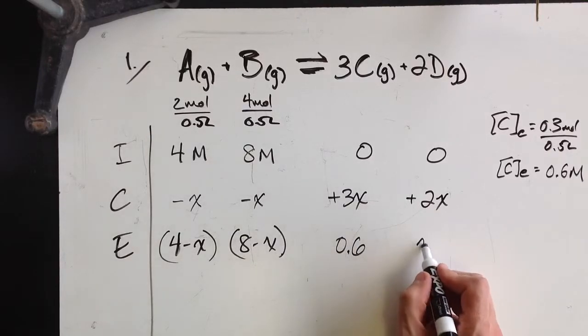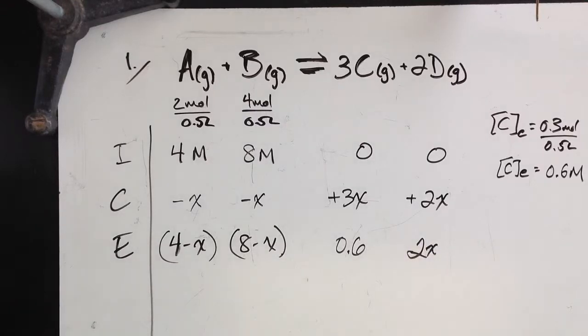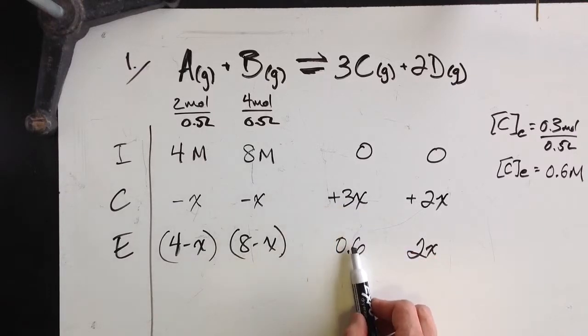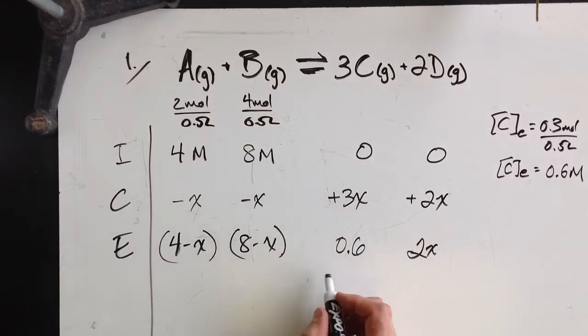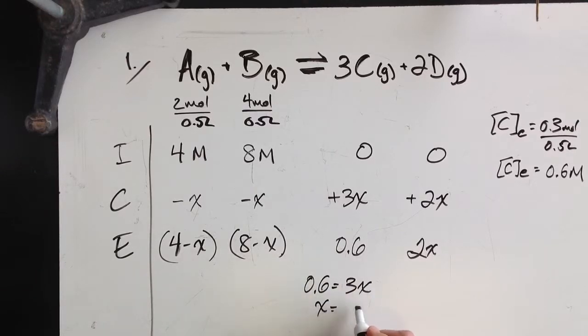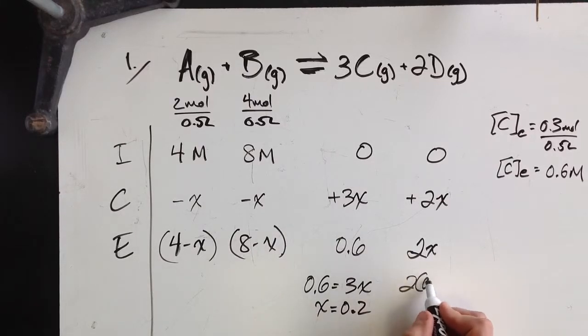And then this is going to be 2x. Okay? So I know that 3x has to equal 0.6. So 0.6 equals 3x, so x is obviously 0.2. Now that I know x, I can plug it in here, so this is going to be 2 times 0.2, which is 0.4.